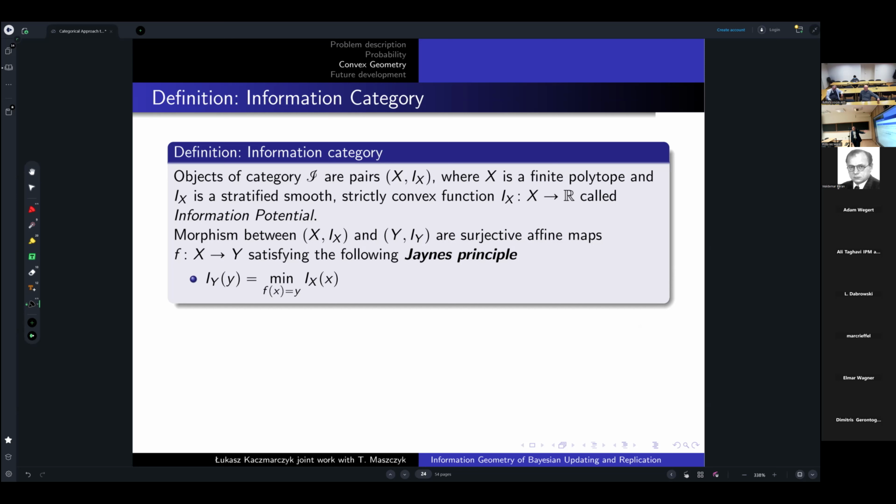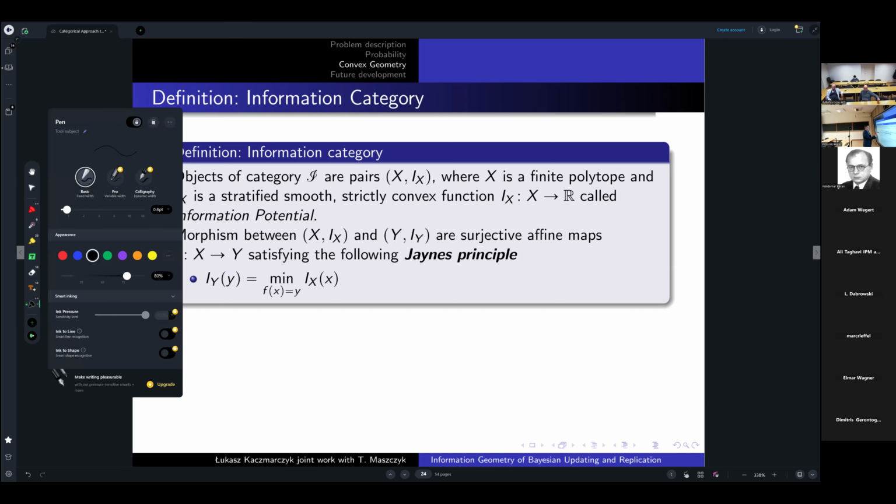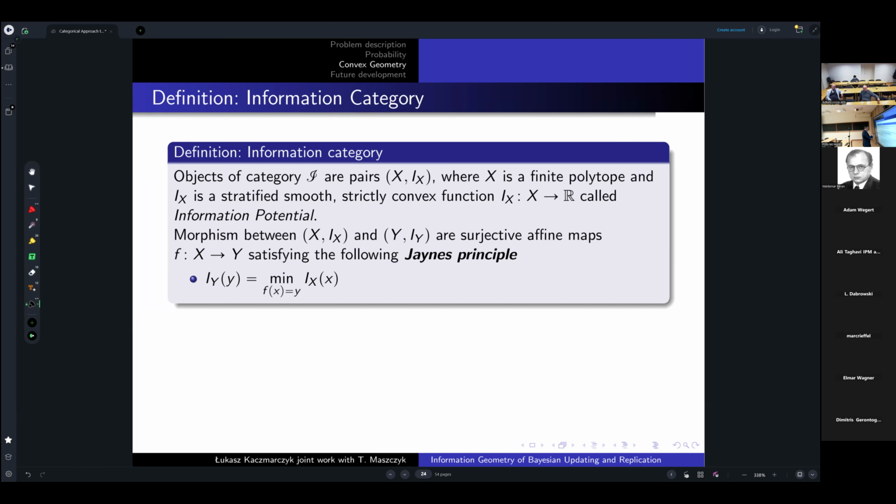And the morphisms between such spaces would be the surjective affine maps that satisfy the James principle, which is the main reason that everything in here works.